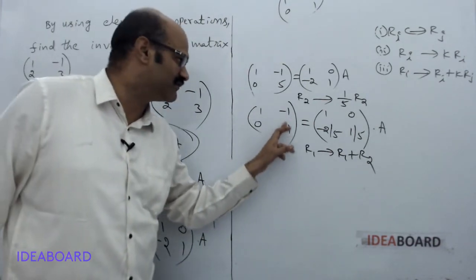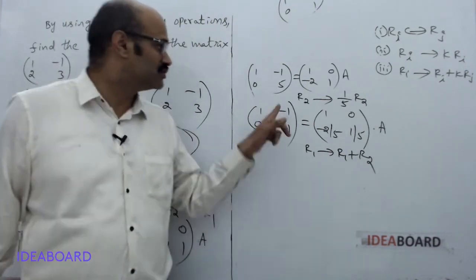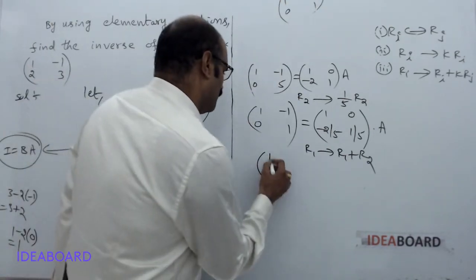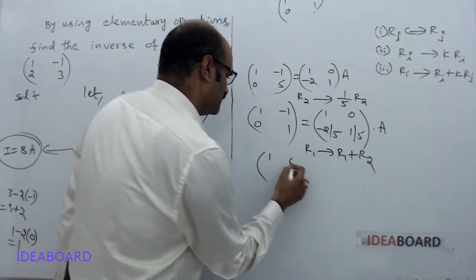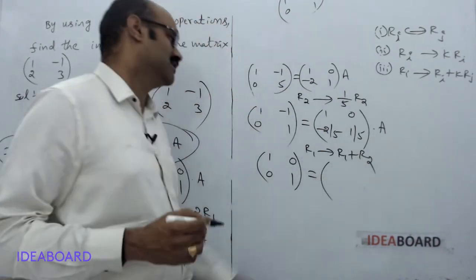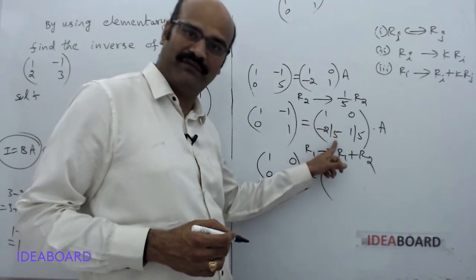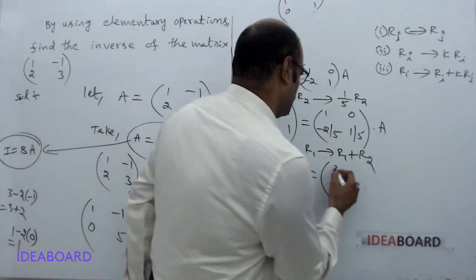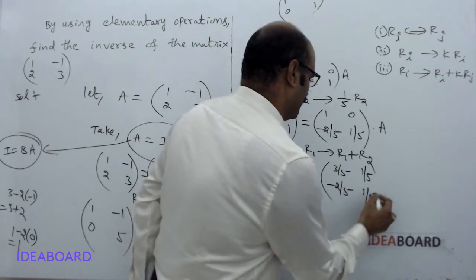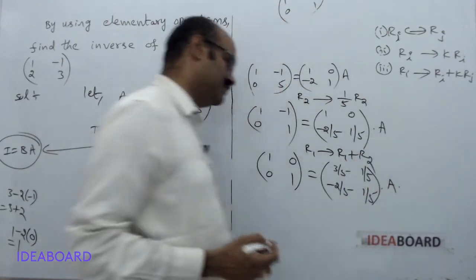Then we get minus 1 plus 1 equal to 0. So we get 0 here. Therefore it implies [1, 0; 0, 1] equal to, by adding these two, 1 minus 2 by 5 equal to 3 by 5, and 1 by 5 minus 2 by 5, 1 by 5, into A.